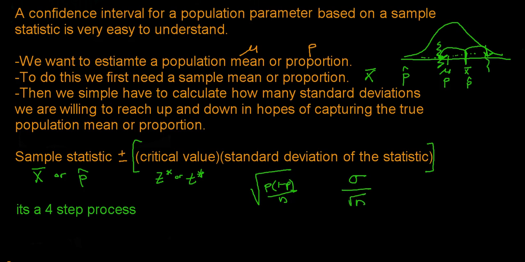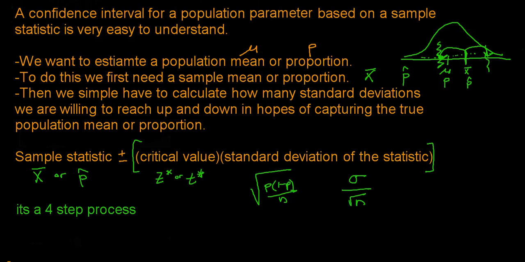Now remember, those two formulas allow us to understand what I was trying to show you up in this picture here, that samples naturally are allowed to vary a little bit. So we're using that natural variation to create this interval because we're saying, hey, listen, our sample statistic isn't 100% accurate. But if we go up a little bit or down a little bit because of natural variation, we should capture the truth.